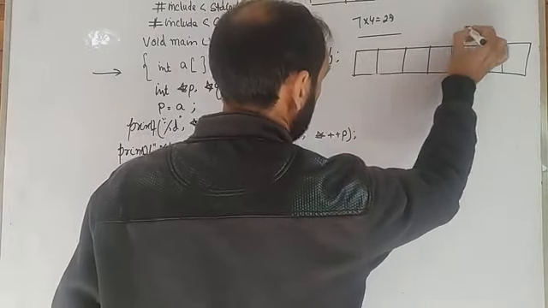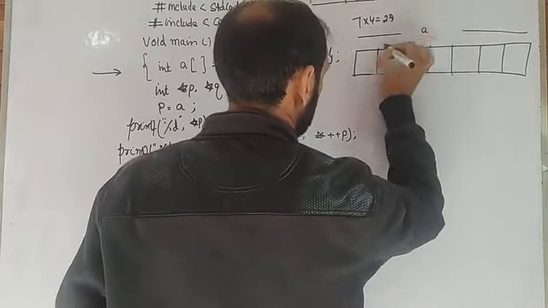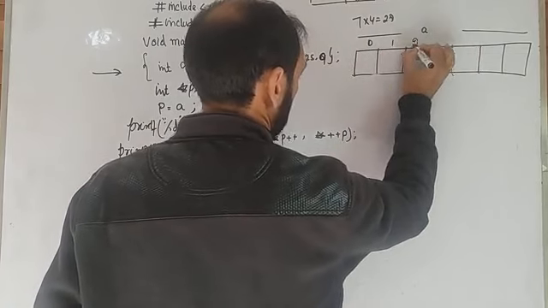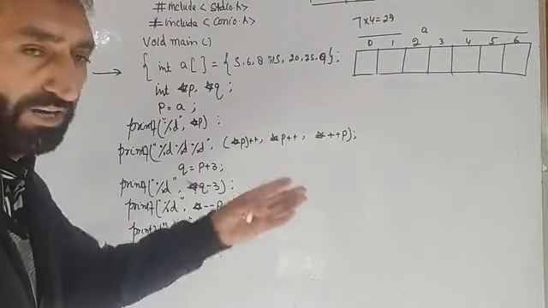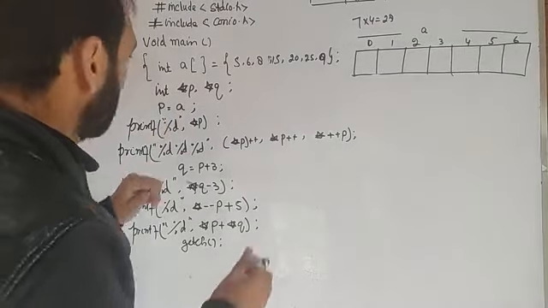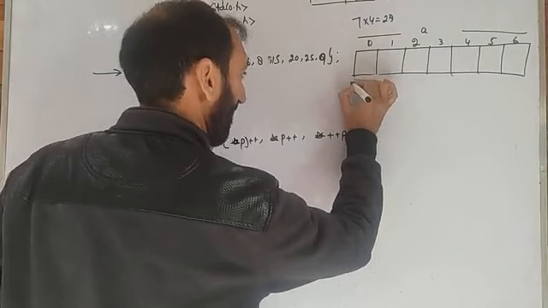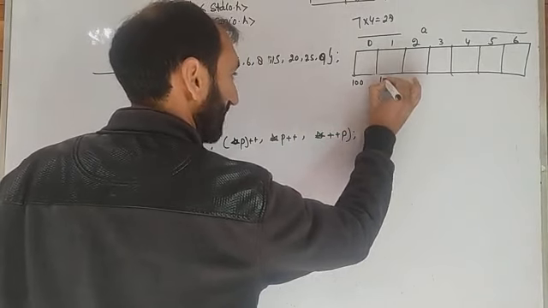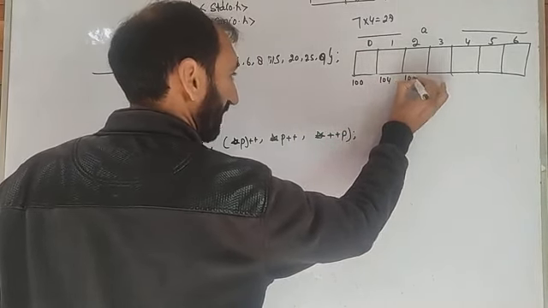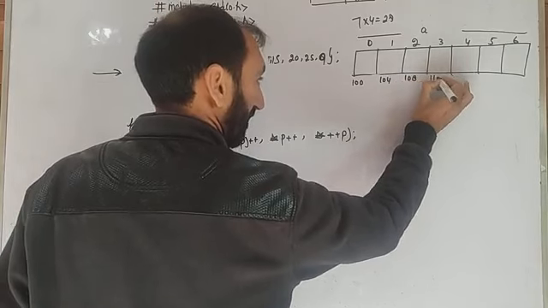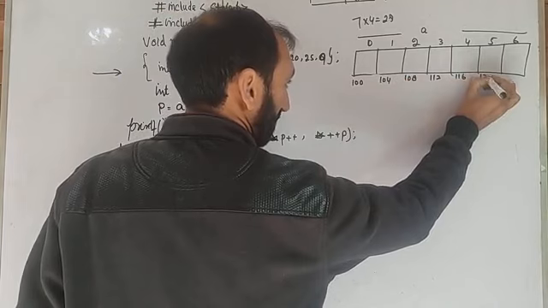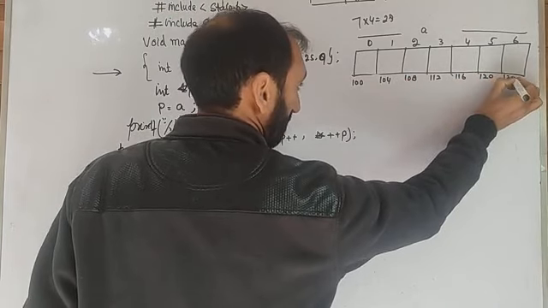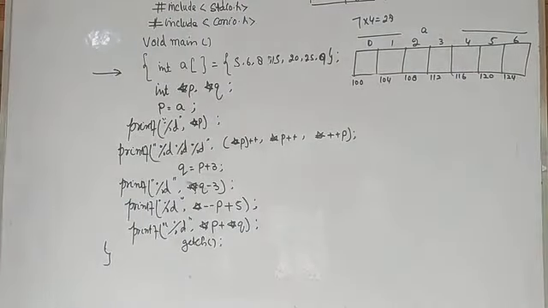This is the array A, and these are the indexes 0, 1, 2, 3, 4, 5, and 6. We have already discussed arrays. For example, this is the address 100. This may be 104, 108, 112, 116, 120, 124.